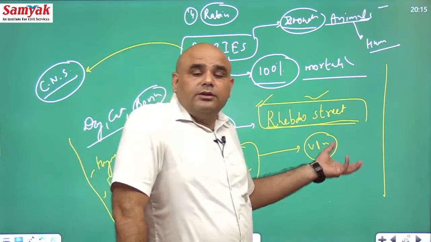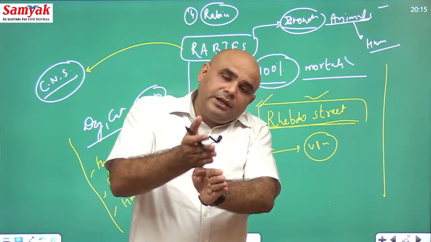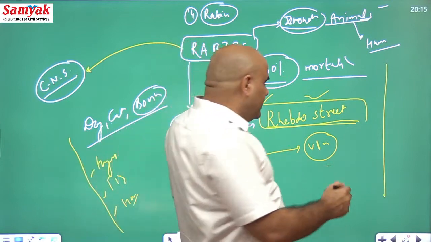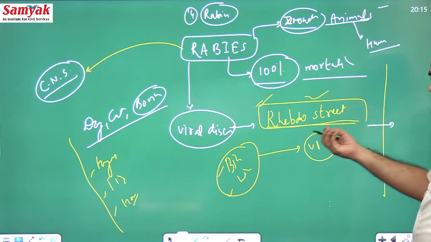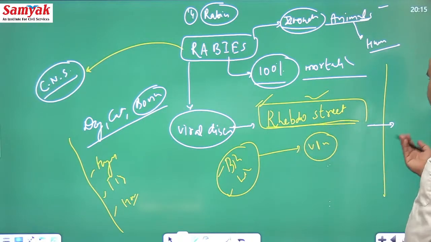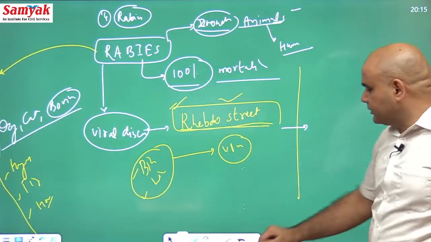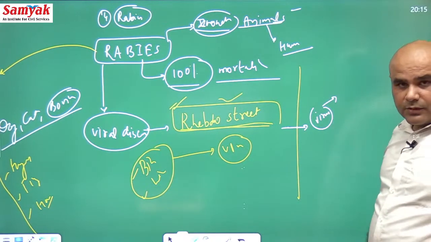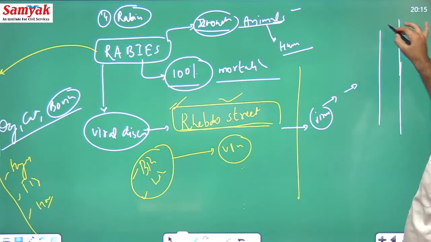If the skin barrier is broken from anywhere, the virus will successfully gain entry into your system. As a result of this entry, the virus will start to infect your cells. From there, it will start to lead towards your central nervous system.